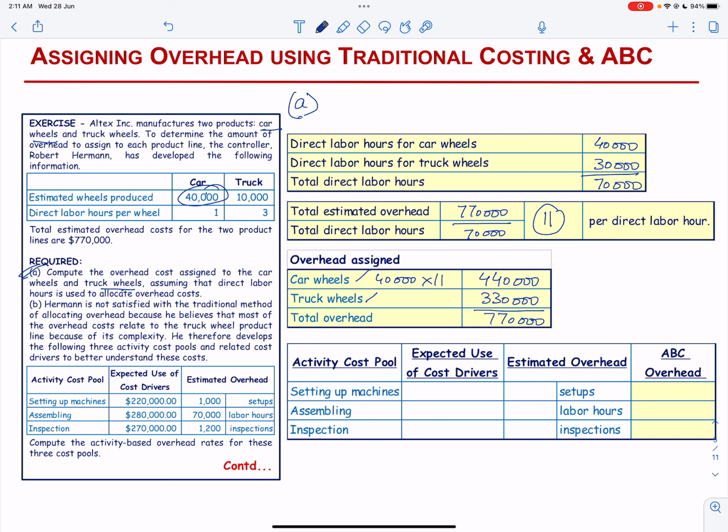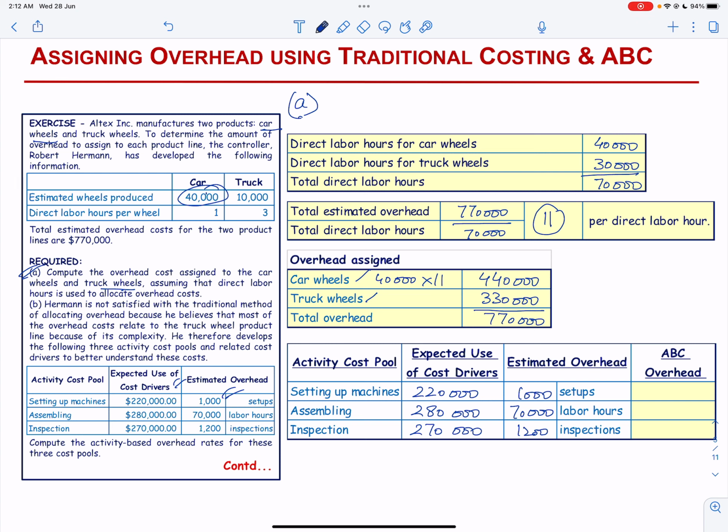So for this, we have the expected use of cost drivers as 220,000, 280,000, and 270,000. And the estimated activities are 1,000 setups, 70,000 labor hours, and 1,200 inspections.